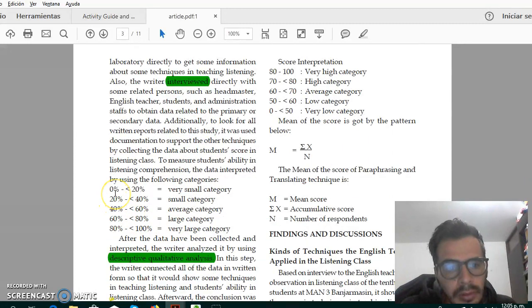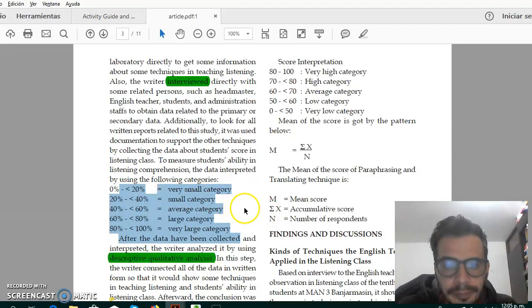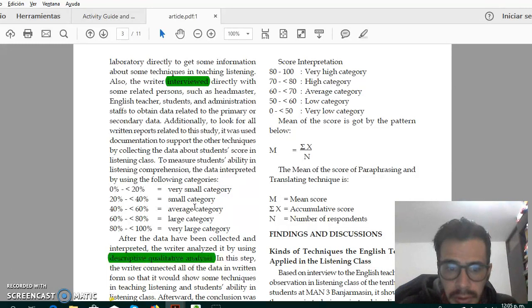For this study these categories were very important. In this way, the study can measure the ability of the students. We have 5 categories to classify the listening skill ability of the students.